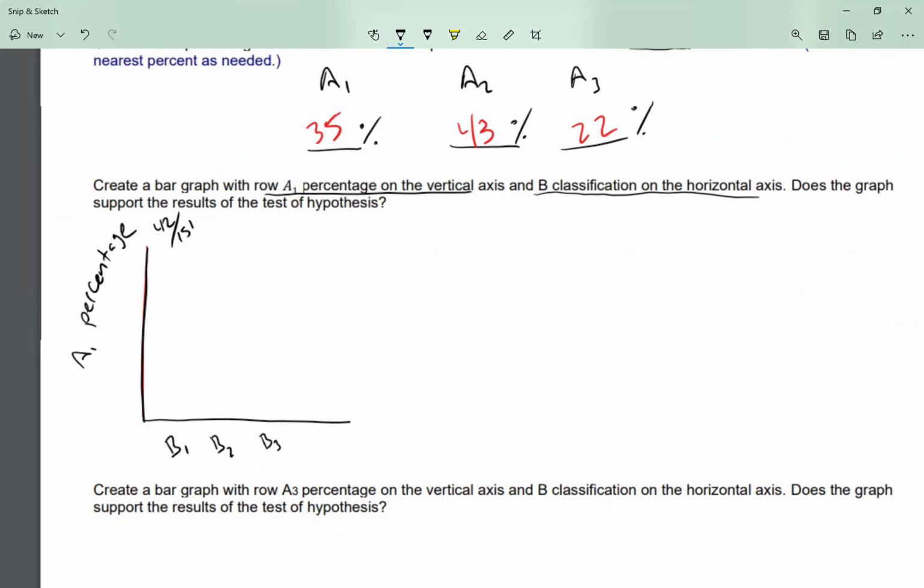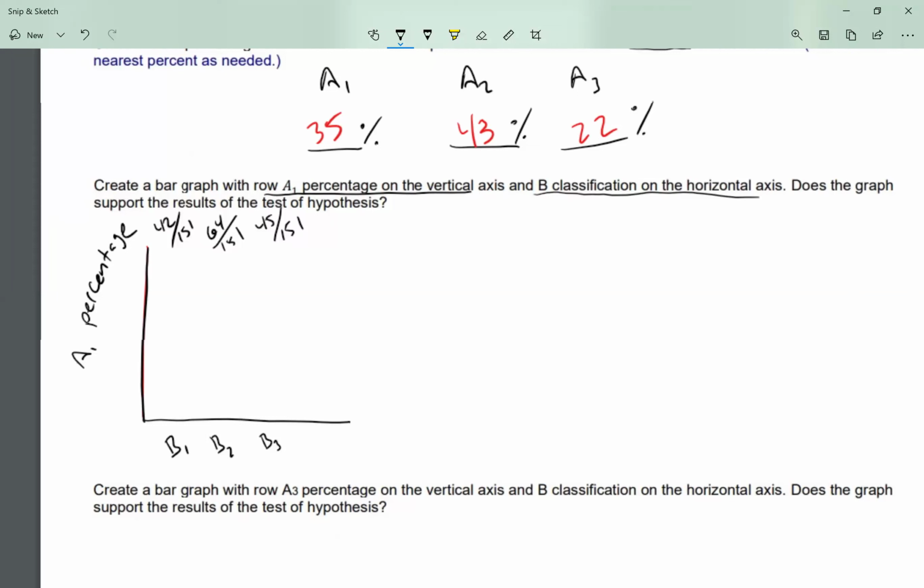For my B2 value, 64 divided by 151. And for my B3 percentage, 45 divided by 151. You guys can see on our table where I'm getting the values 42, 64, 45. I'm looking at the A1 row. Now the 151 is basically the sum of all of those.